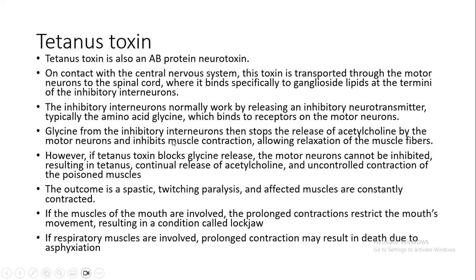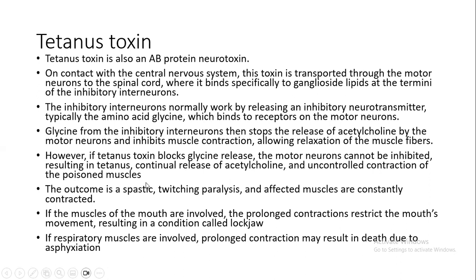Glycine from the inhibitory interneuron stops the release of acetylcholine by the motor neurons and inhibits muscle contraction, allowing relaxation of muscles. However, because of the presence of the tetanus toxin, it blocks the release of glycine. As a result, the motor neurons are not inhibited, and there is continuous secretion of acetylcholine that leads to uncontrolled contraction of the target muscles.